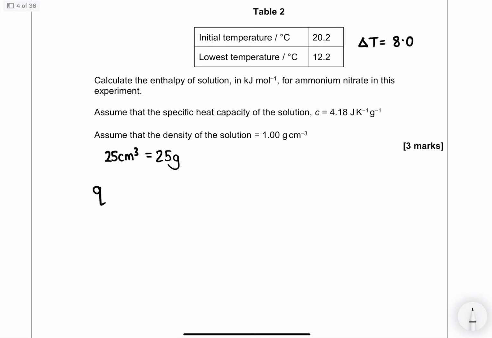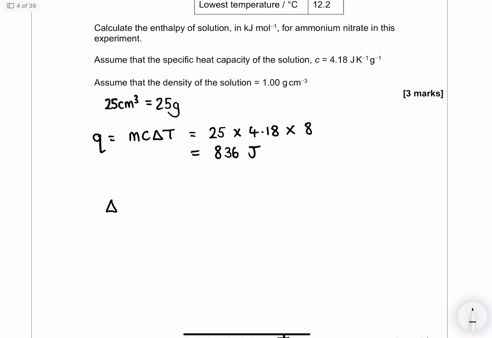So I'm going to calculate the heat energy released or gained, in this case gained because temperature fell, when we added the ammonium nitrate. So it was the 25 grams of water, 4.18 was the specific heat capacity and 8 was our temperature change. This is going to give us an answer in joules, and that's because 4.18 is in joules per Kelvin per gram.